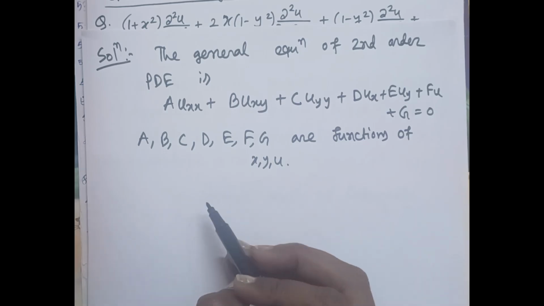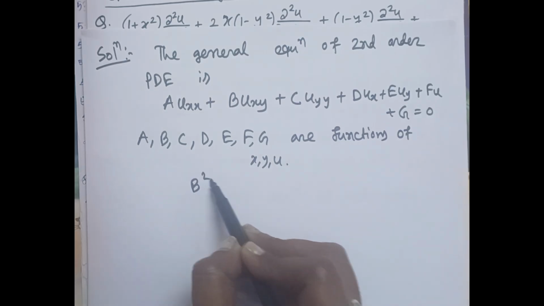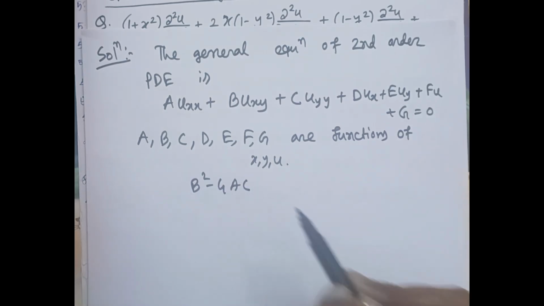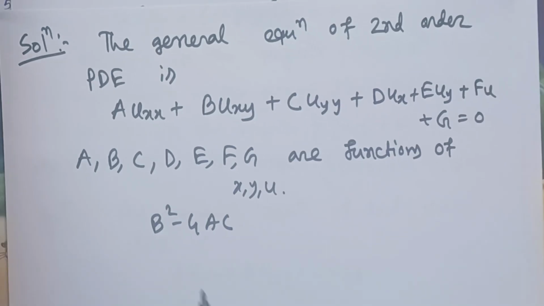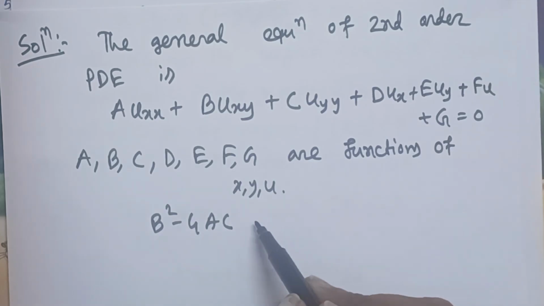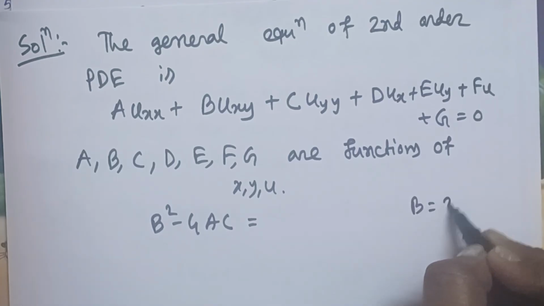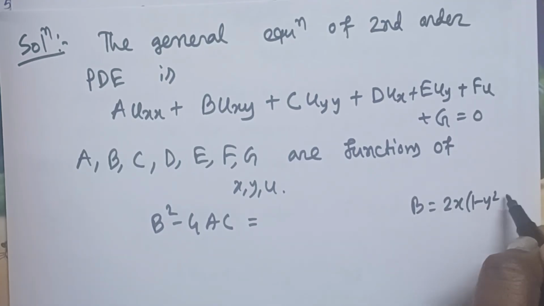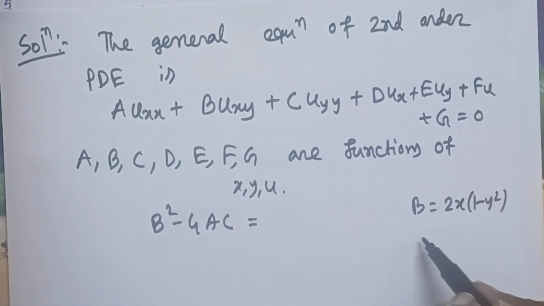Generally b square minus 4ac defines whether the region is elliptic, parabolic or hyperbolic. If it equals 0 then parabolic, if less than 0 then elliptic, and if greater than 0 then hyperbolic.